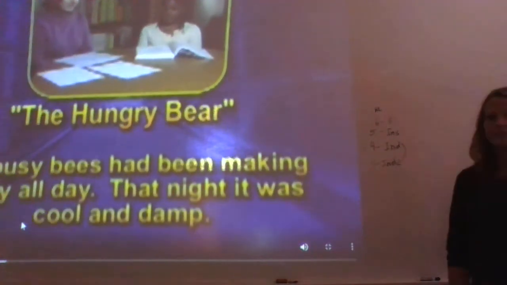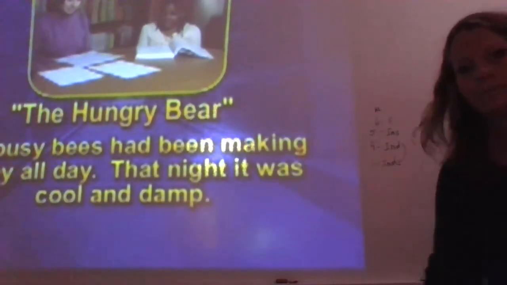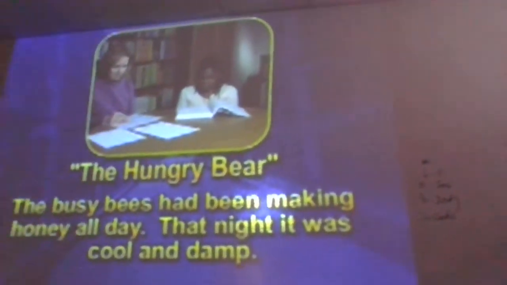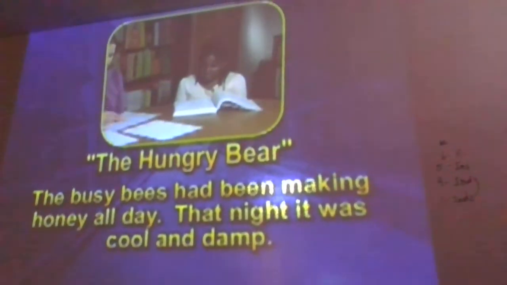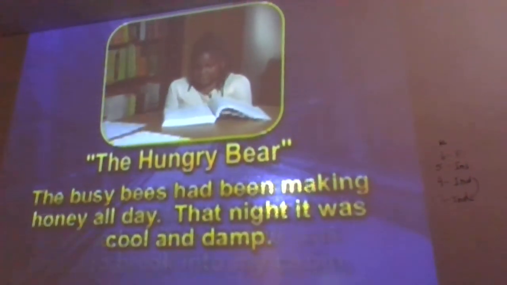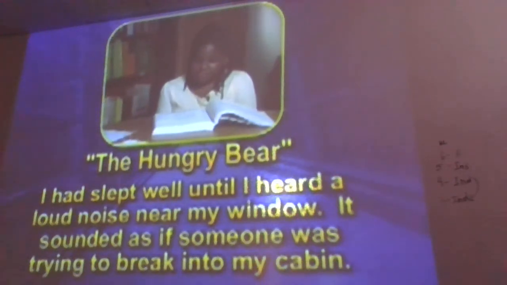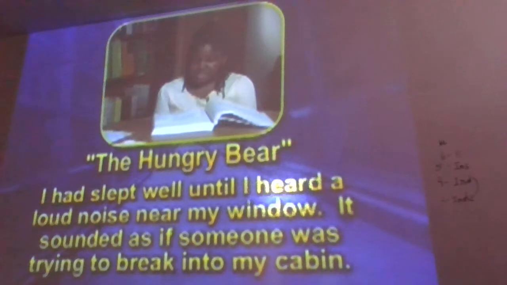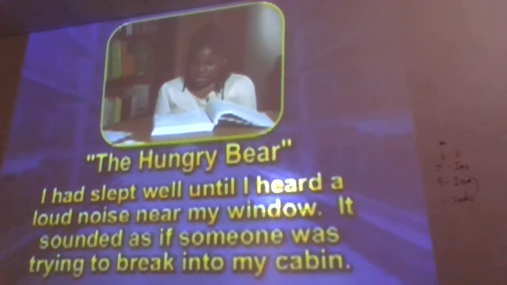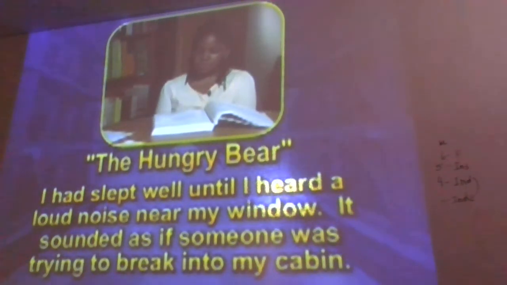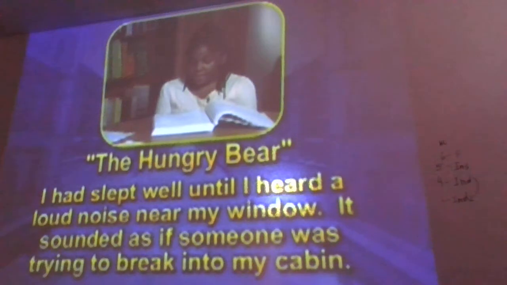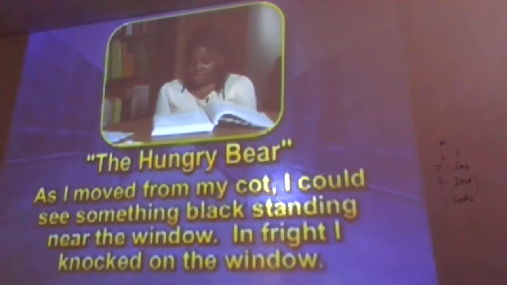Now I'm going to ask you to go ahead and read the passage. The busy bees had been making honey all day. That night it was cool and damp. I had slept well until I heard a loud noise near my window. It sounded as if someone were trying to break into my cabin.